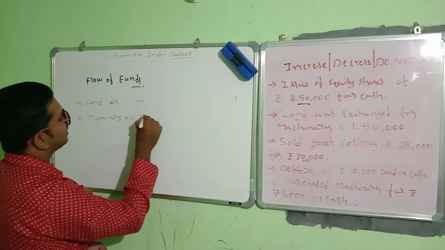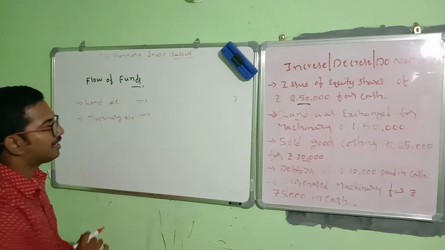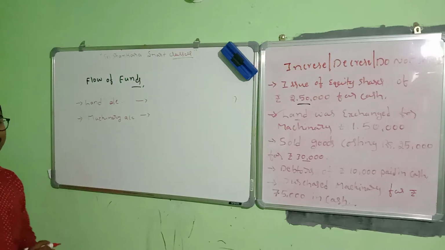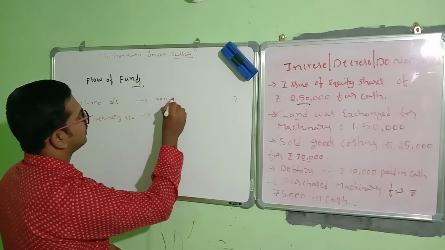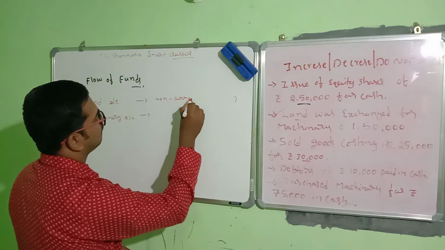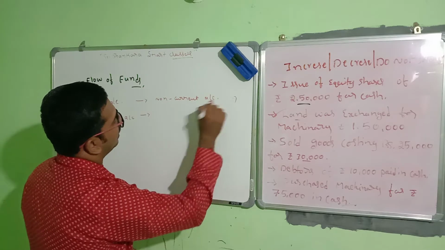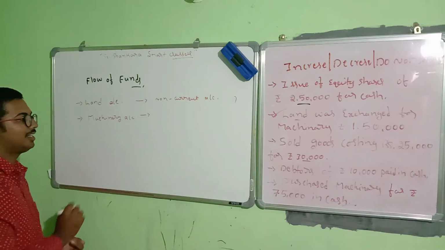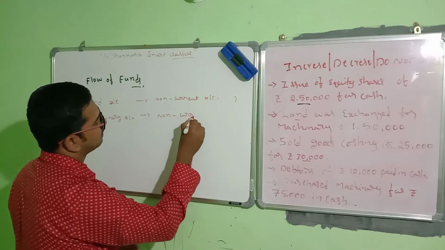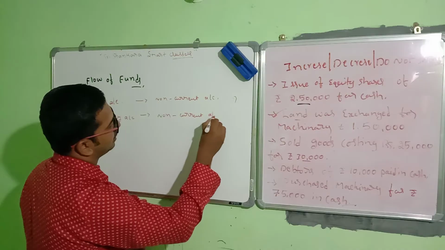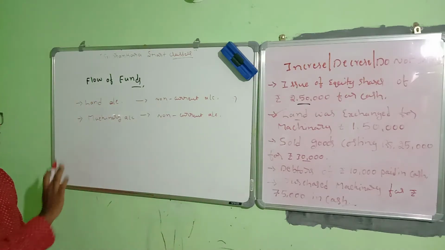Now identify the nature of the account, whether it is a current account or non-current account. Land is a non-current asset, so its nature is non-current account. Machinery is a non-current asset. Again, it leads to a non-current account.